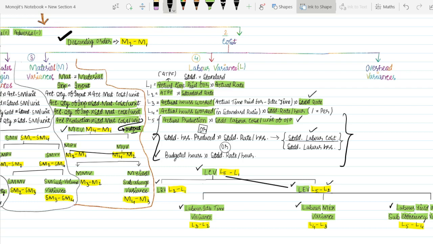So L5 minus L2. Labor efficiency variance is divided into labor idle time variance, labor mix variance, and labor yield or sub efficiency variance. There are three components.